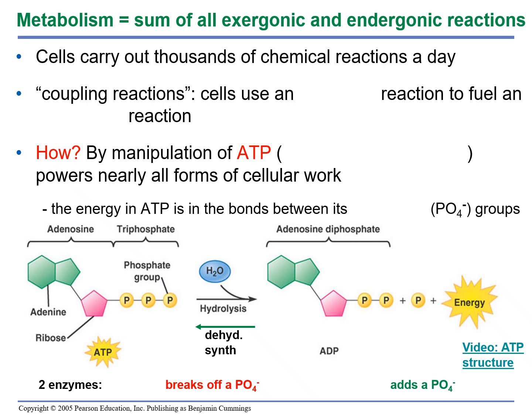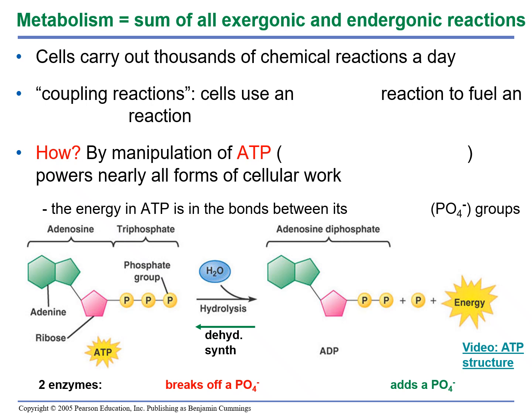Now let's look at metabolism, which is the sum of all your endergonic and exergonic reactions. Cells carry out thousands of chemical reactions a day. They usually build in the night and they break up molecules in the day for energy.